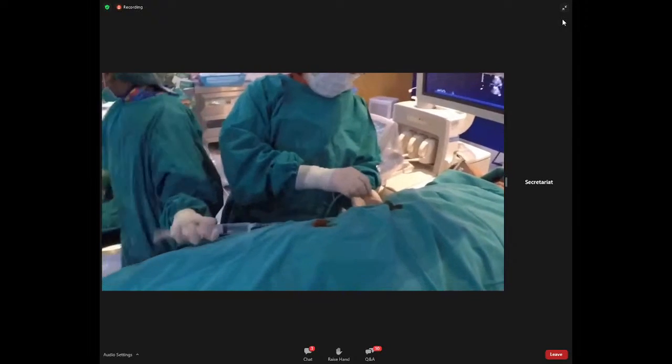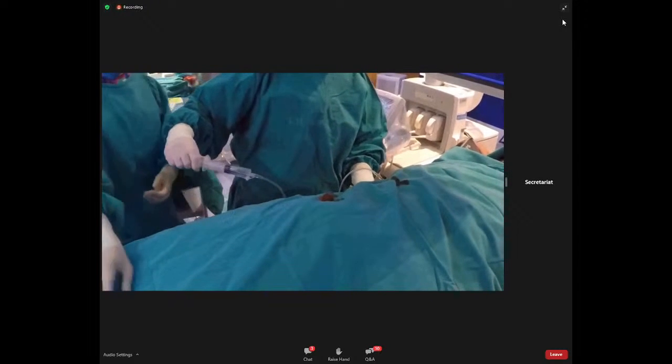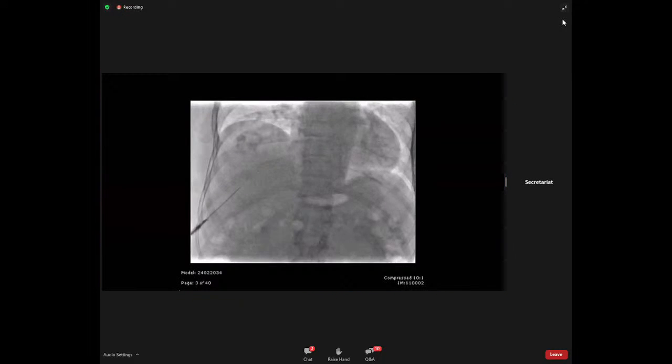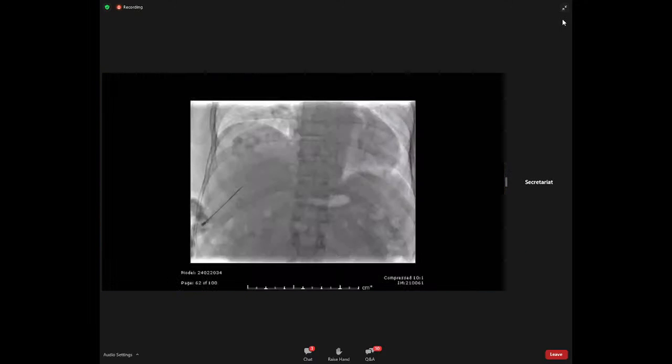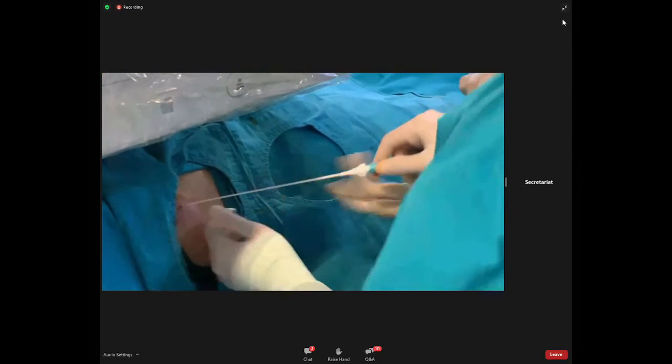After that, I will check under fluoroscopy by injecting a small amount of contrast to see whether the needle position is good enough to insert the microguidewire. Then the microguidewire was inserted under fluoroscopy into the main portal vein. After that, a small skin incision was made and the micropuncture set was installed over the microguidewire.